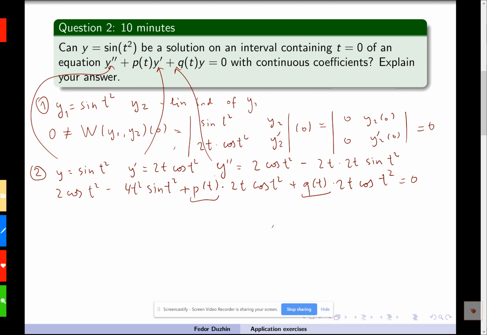Since everything happens in a neighborhood of 0, we'll just let t be 0 and substitute it into this equation. Letting t be 0, we will get 2 equals 0. So the left-hand side becomes 2 and the right-hand side becomes 0, which is a contradiction. So it concludes the proof using the second method.